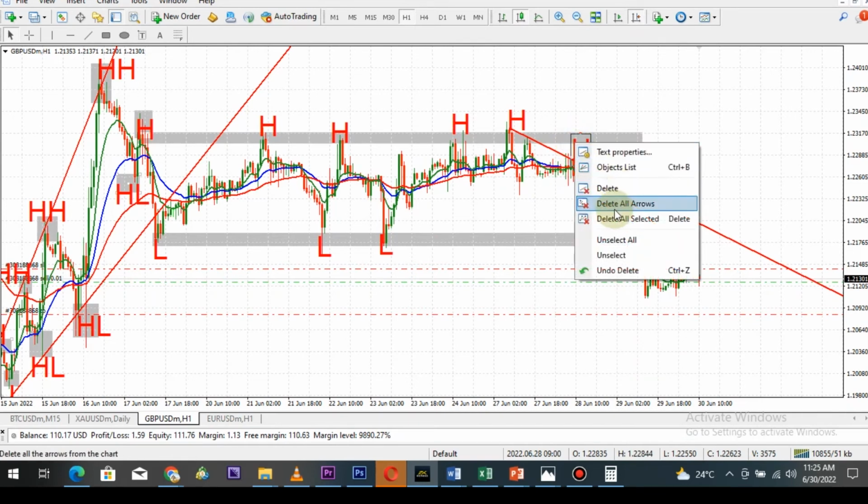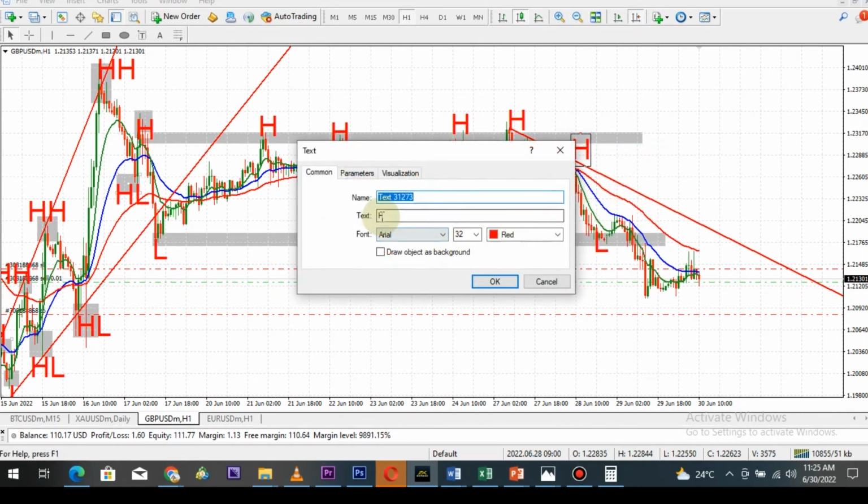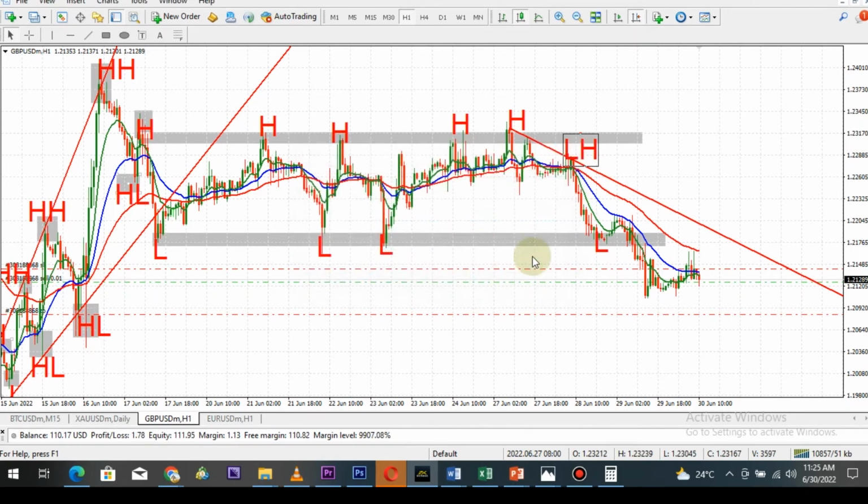All right, so here we have a high, but this high is lower than the previous high, so we're going to call it a lower high. This point here is a high, but this high is lower than this high here. That's why we call it a lower high.